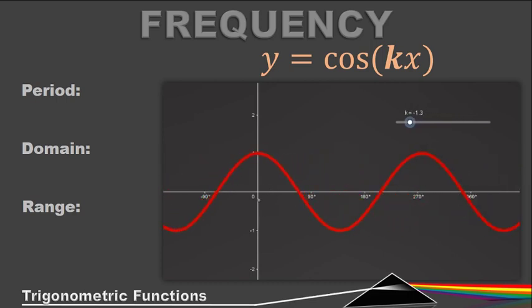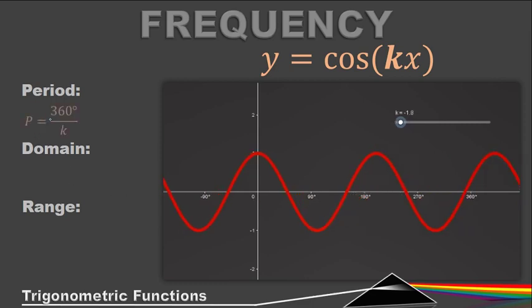Right, now for the period, once again, you use the same formula. You say 360 over k to find the period, and then the domain. So we'll look at a few examples later. And for the domain also, if we had k being equal to a half, then that means our period is going to go up to 720.